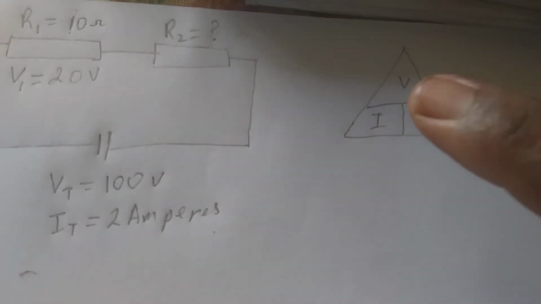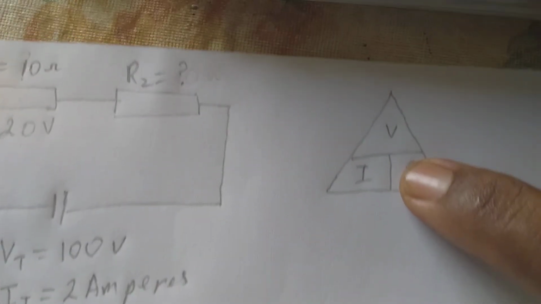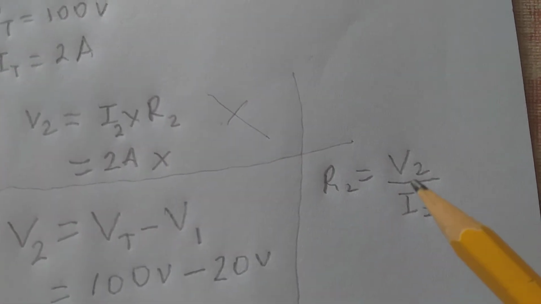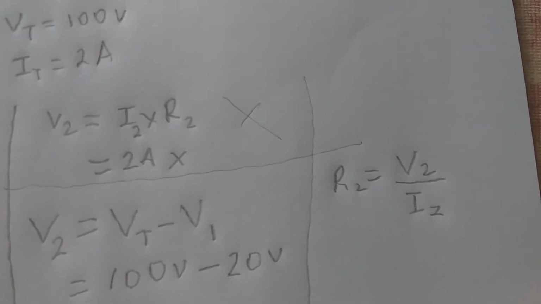Remember now, R is equal to V over I. So because we were looking at the resistor 2, we put 2 there, 2 there, and 2 there.